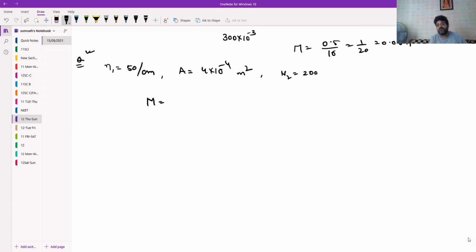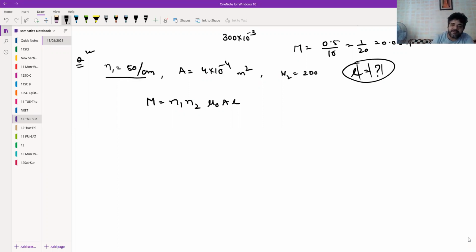So first of all, we know the formula of mutual induction is N1 N2 mu naught A L. But the first problem is that L is not given, right? But see, why are they not giving you L?